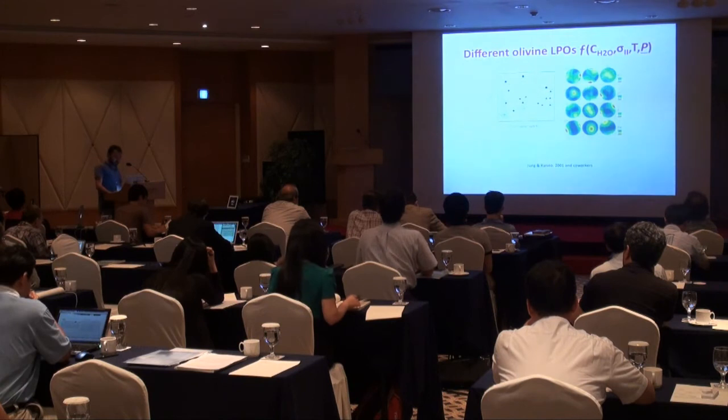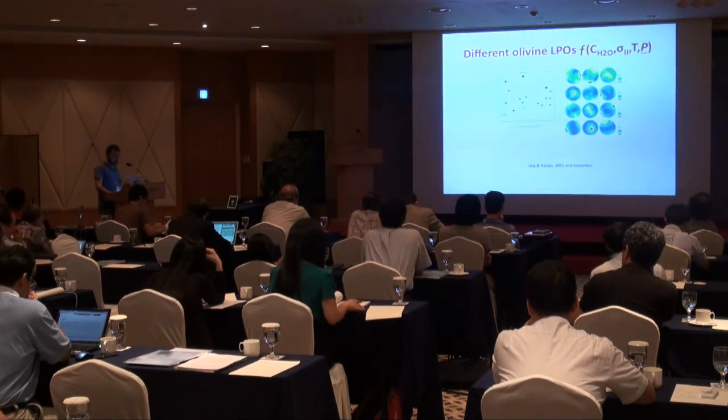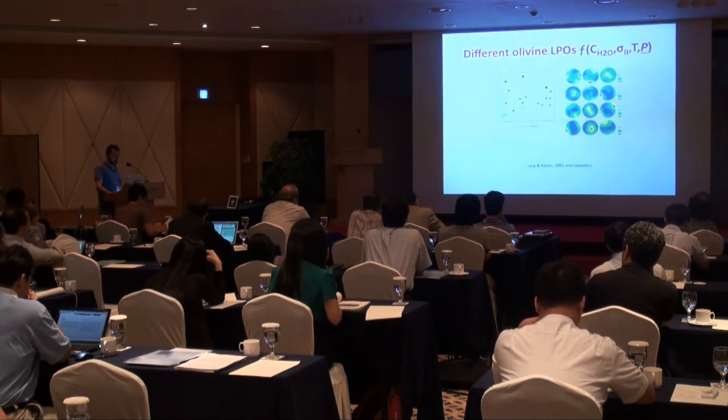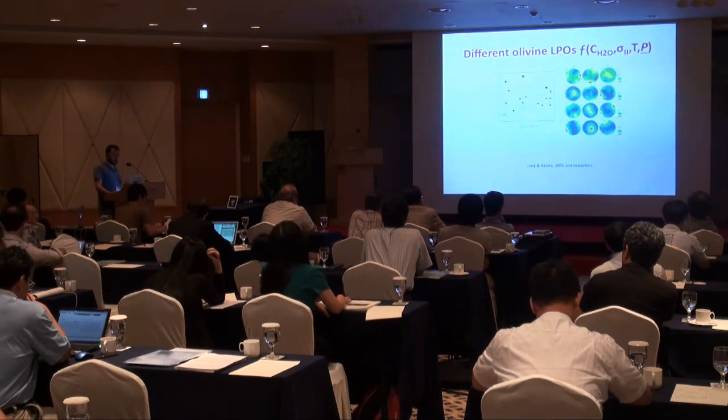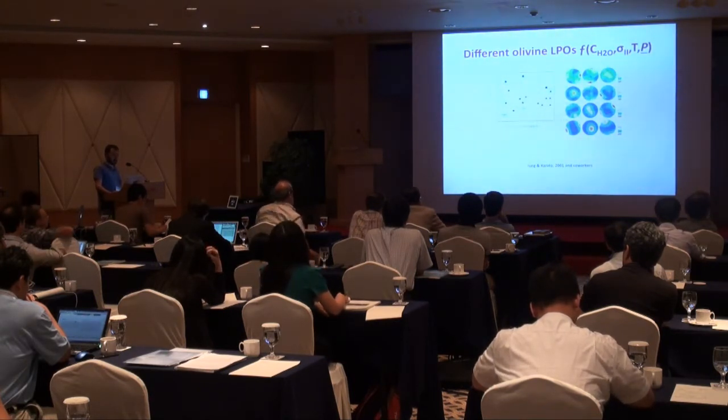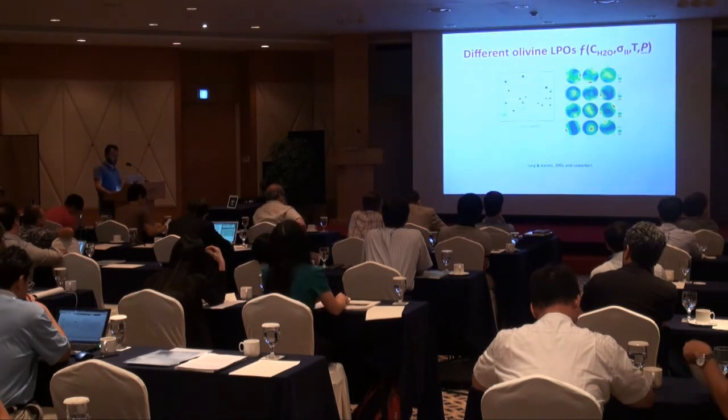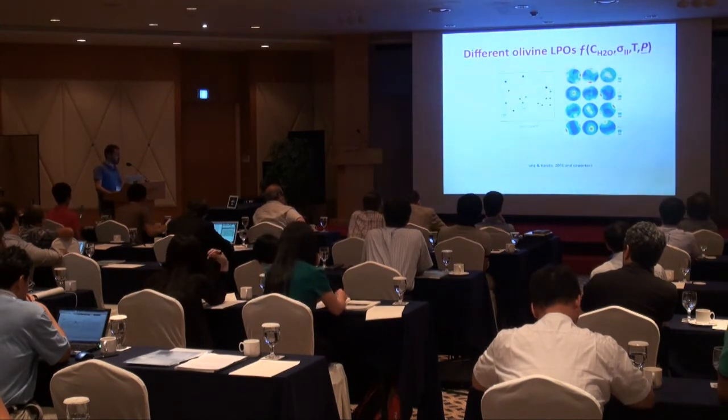And also the interpretation of the seismic anisotropy is complicated by the fact that as a function of the water content, the rheologic stress, temperature, and maybe the confining pressure, the olivine fabric changes. And so things could be not that easy as we always thought.